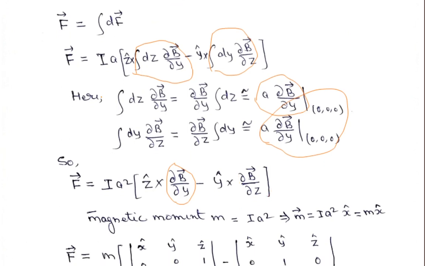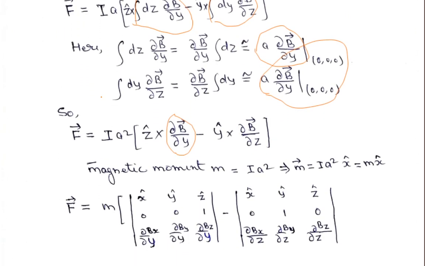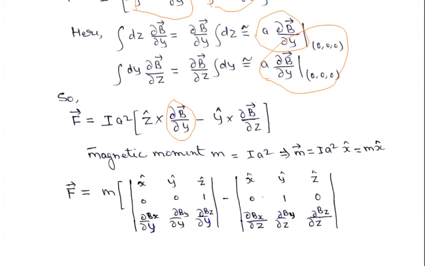So we have already defined the magnetic dipole moment. If you try to calculate the magnetic dipole moment of the square loop, we know that magnetic dipole moment is equal to I into area. The area of the square is a squared, so the magnitude is m equal to I a squared. For the direction of the magnetic dipole moment m vector, this square loop was kept in the yz plane.